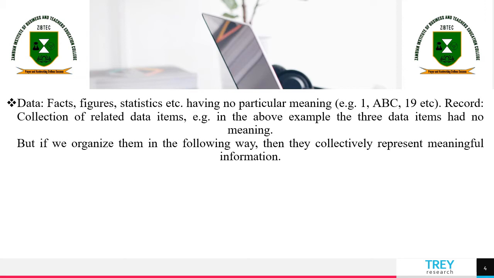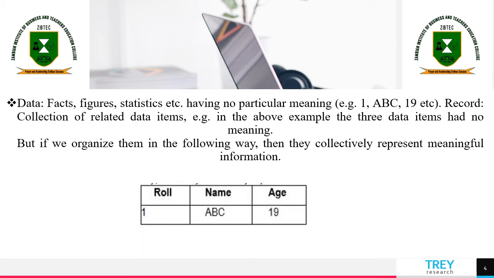We can't conclude anything concerning these three examples. But if we organize them in the following way, they collectively represent meaningful information, which brings us back to the definition of what information is. Information is data with meaning.